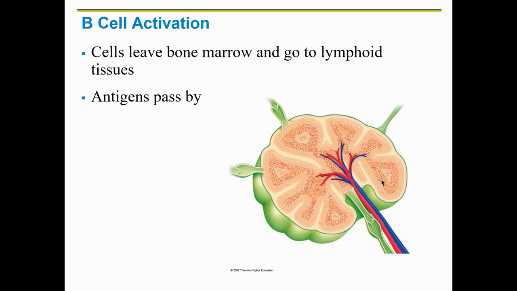You can see a lymph node in this picture. Then that fluid trickles and moves around and through all of the little hollow spaces in the lymph node. As it does so, the fluid moves by those B cells, which are just sitting there. If there are any antigens in the fluid, the antigens pass over the receptors.